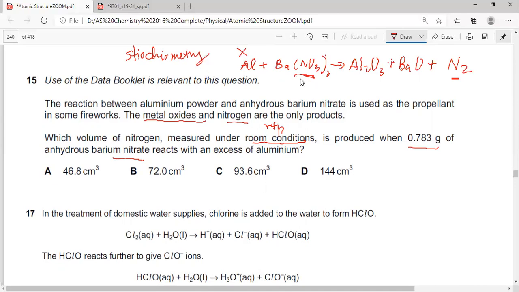One barium here, one barium here. And nitrogen is 2, isn't it? So now I can balance the oxygen.